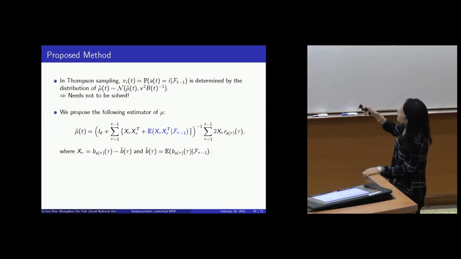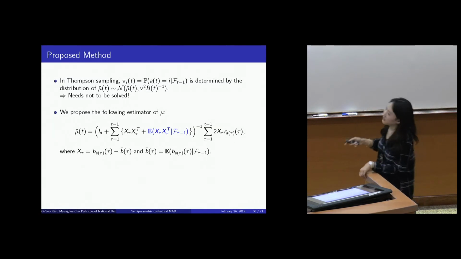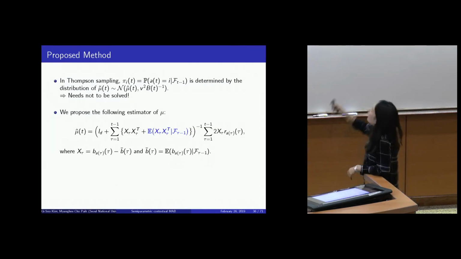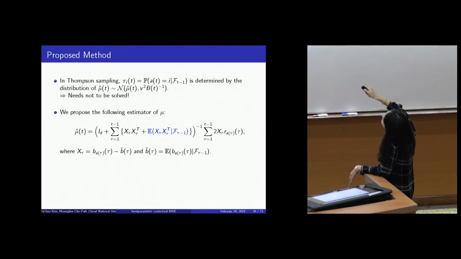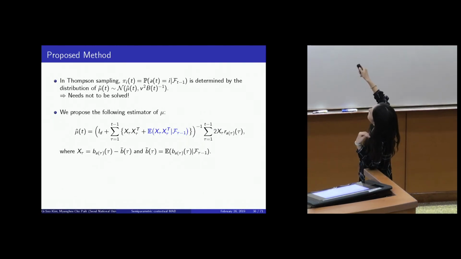So it can be easily derived and doesn't need to be solved from a specific condition. And second, we propose the following estimator for mu, where it is similar to the estimator of Krishnamurthy, but in the denominator there is a new term, the expectation of x tau x tau transpose.